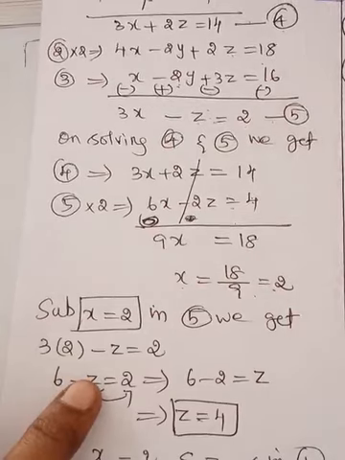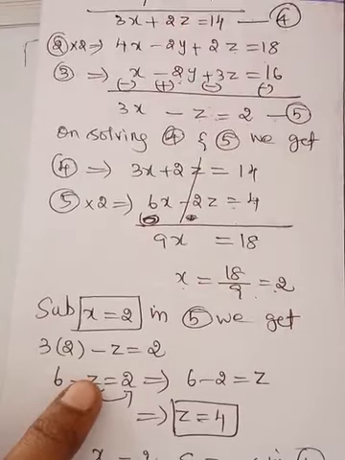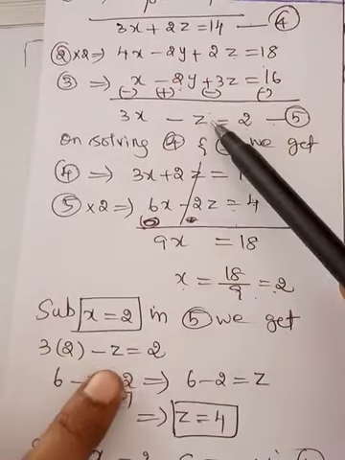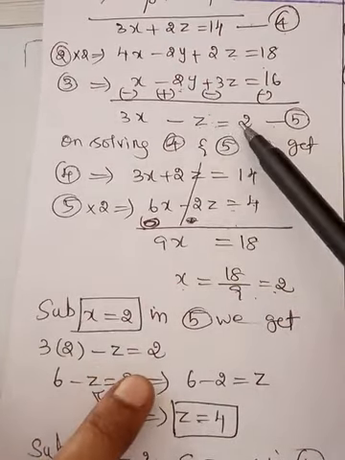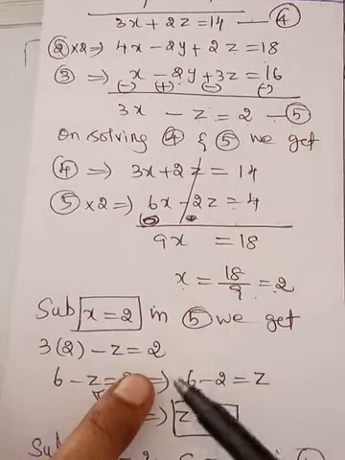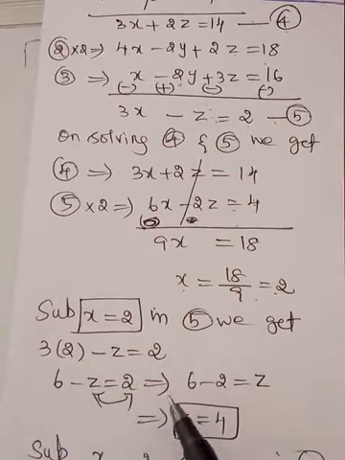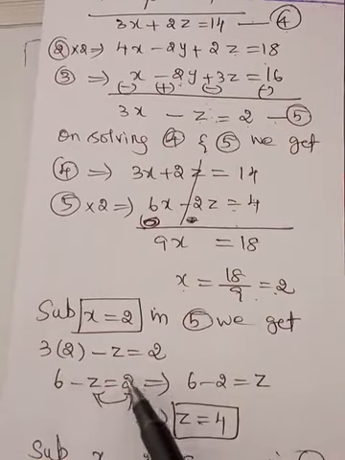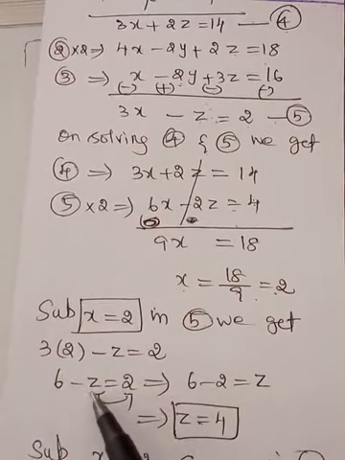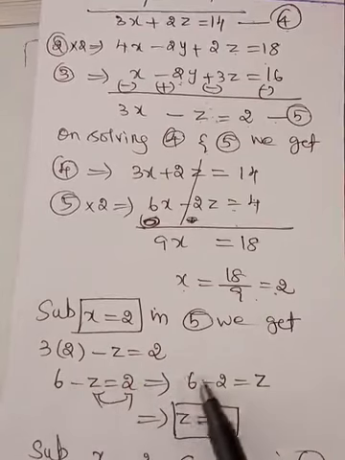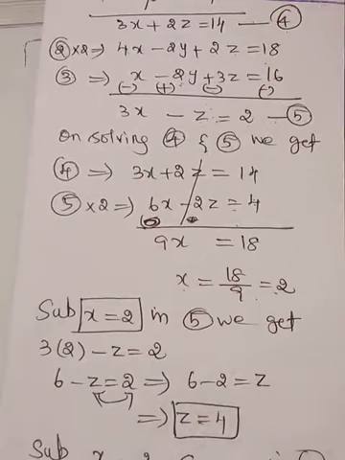So you will get 3 into 2 minus z equal to 2. So 6 minus z equal to 2 implies, 6 on this side, plus 2 moved to the left hand side becomes minus 2. 6 minus 2 equal to minus z becomes plus z. So z equal to 4.